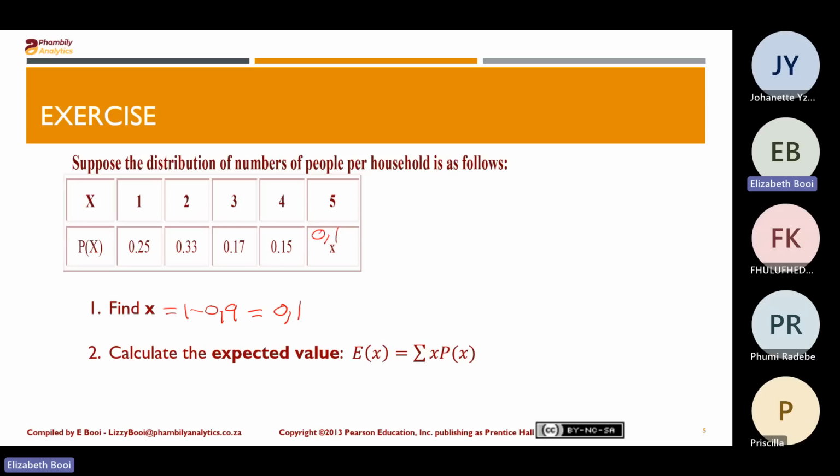And that's how you will find the value of x. To calculate the expected value or the mean, we say 1 multiplied by 0.25 is 0.25.